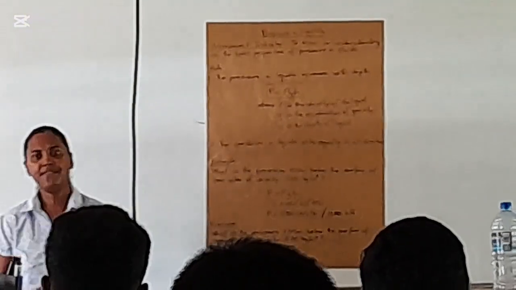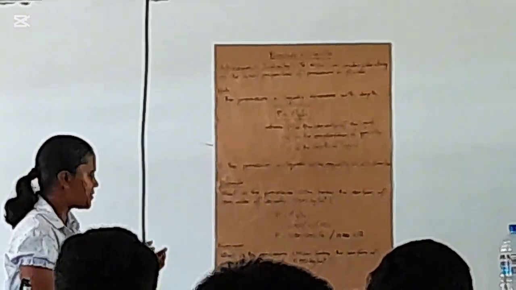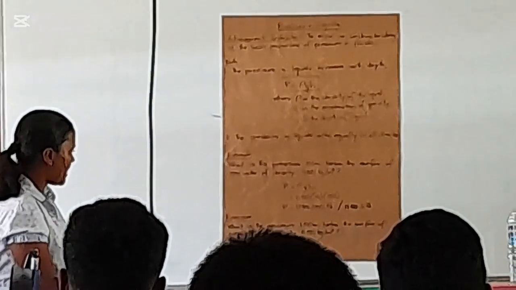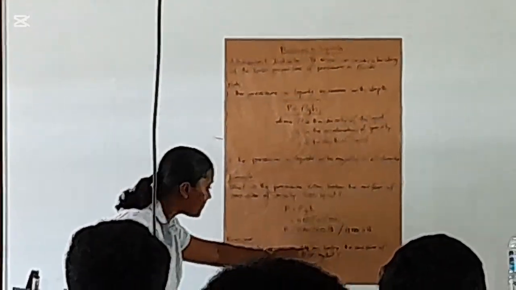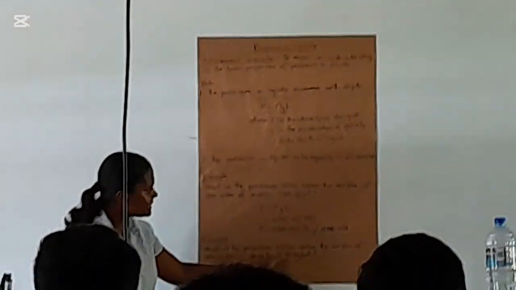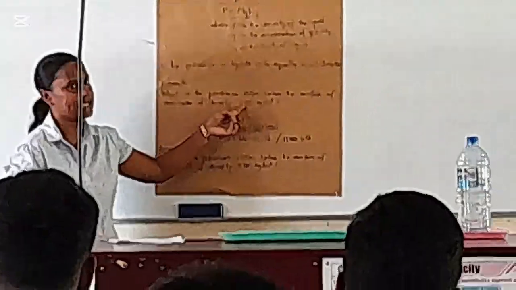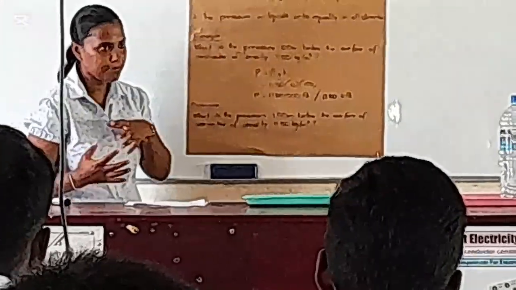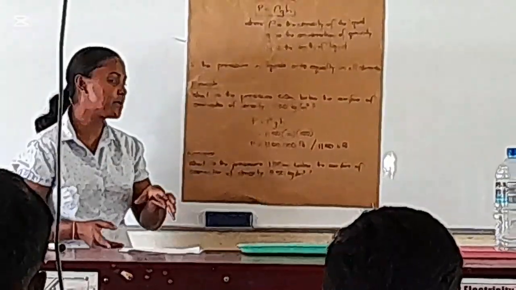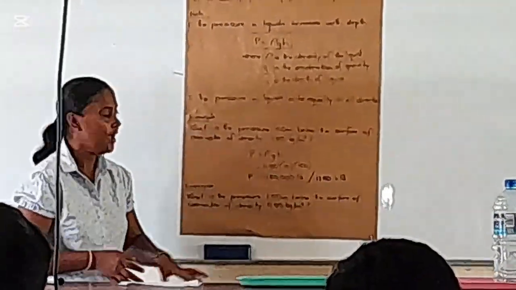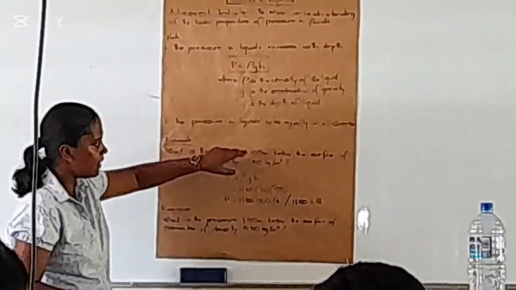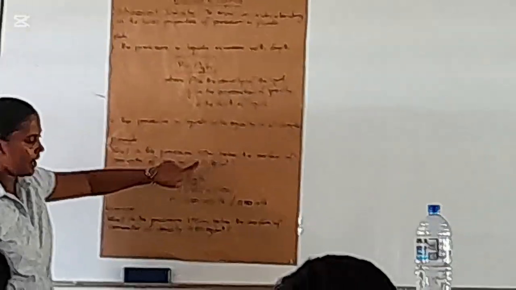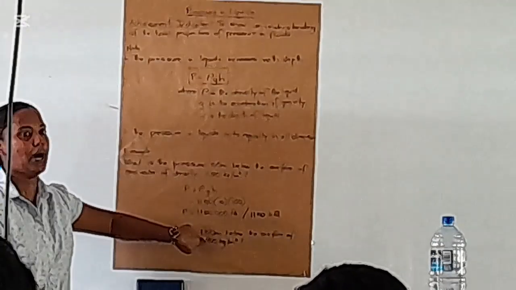Now, I have an exercise here for you, students. It says, what is the pressure 150 meters below the surface? Our density is the same. I am giving you this question because I am trying to show you different depths. Here we are at 100. At 150 meters, what will our pressure be?